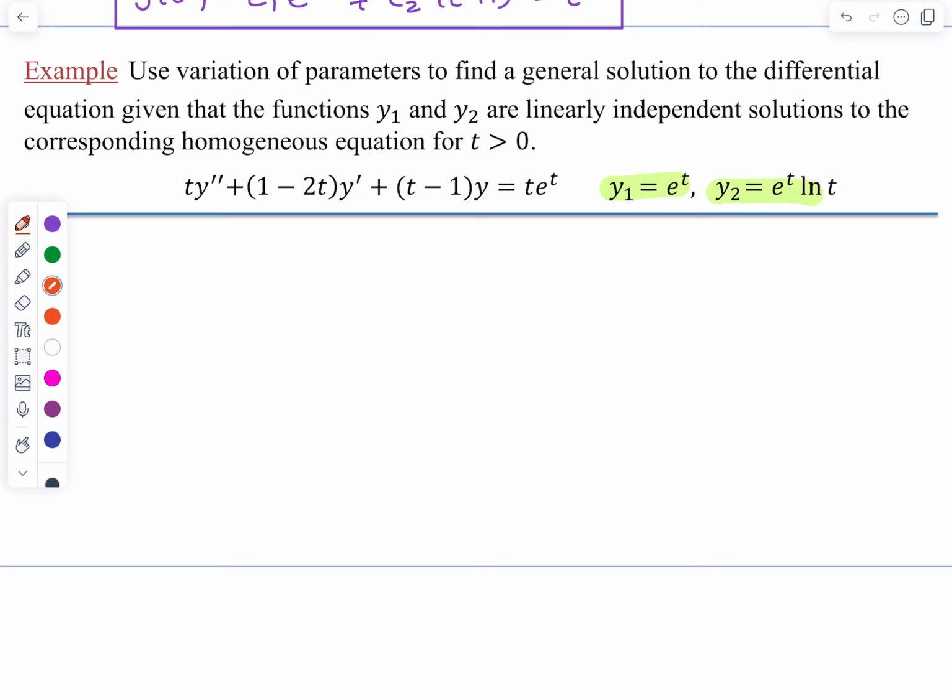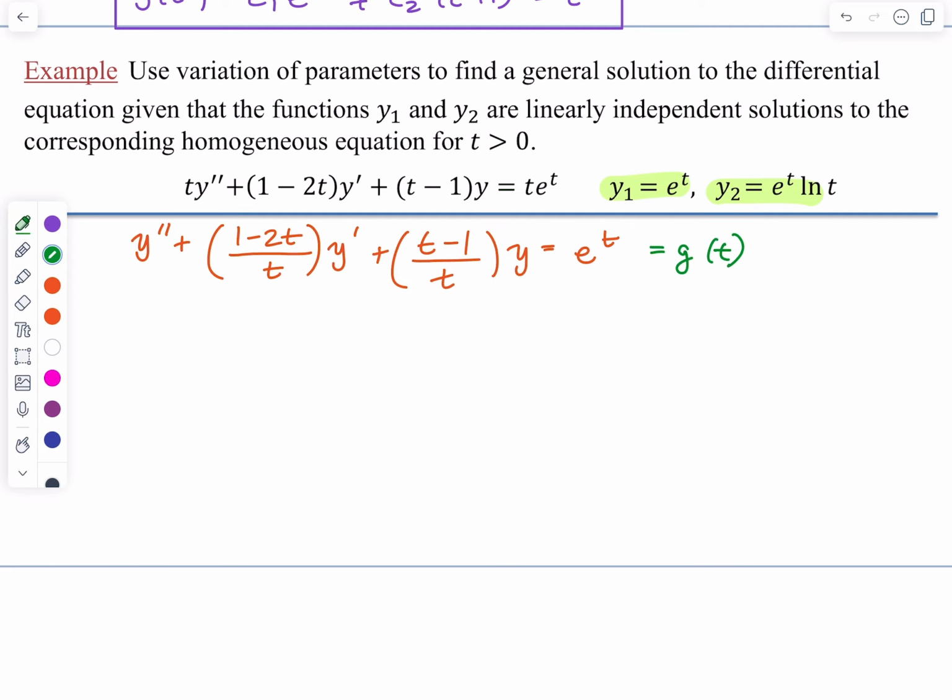So we have y double prime plus 1 minus 2t all over t y prime plus t minus 1 over t y is equal to e to the t. So we see here that e to the t is equal to g of t.